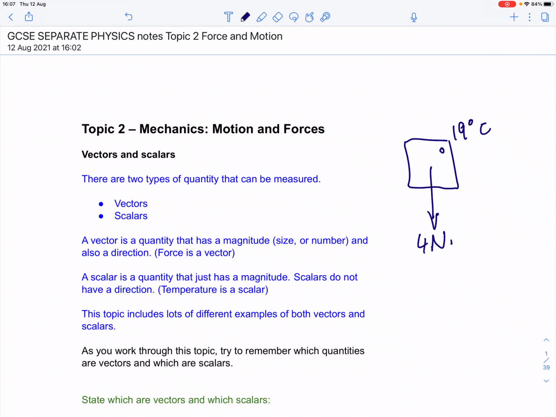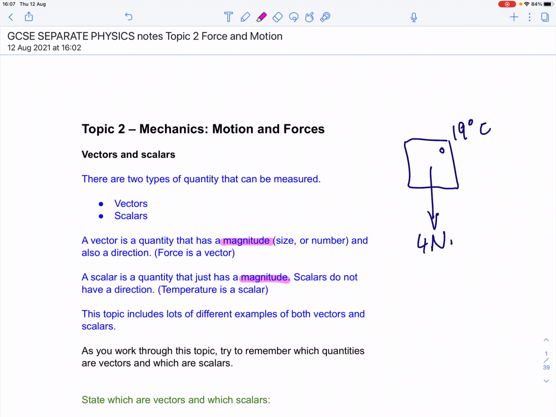Okay, so immediately we can see there's a difference between these two quantities. One is represented by just a dot, and one is represented by an arrow. So one of them is a vector and one of them is a scalar. The difference is, well, let's start with the similarities. The similarities are that both of them have a magnitude.